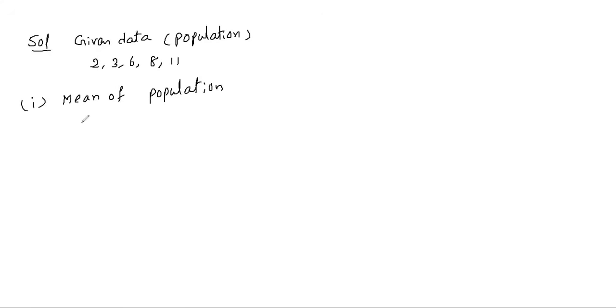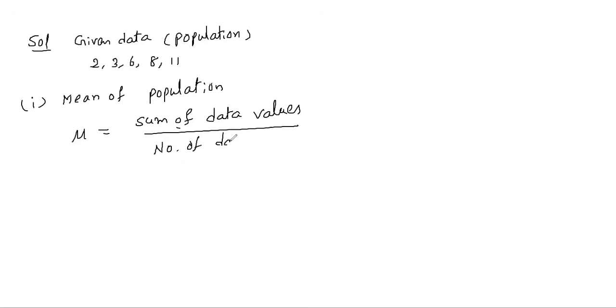Mu is equal to the sum of the data values by the number of data values. This is how you did it in the lower classes. Or you can also write sum of observations by number of observations.